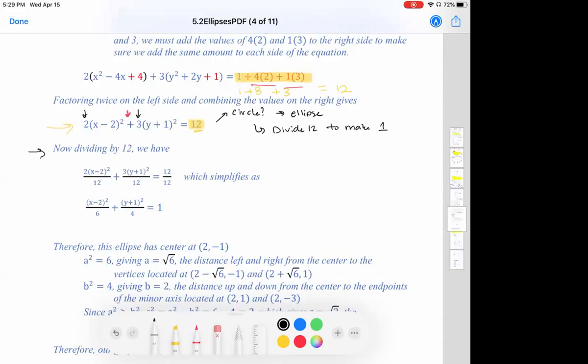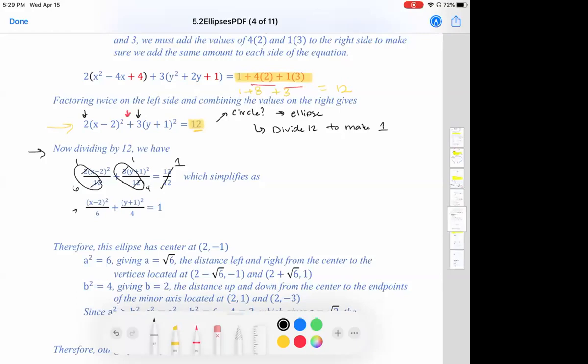Now dividing by 12, we divide both sides by 12, so this makes 1. Cool. And now we're left with these fractions: 2 over 12 and 3 over 12. We can simplify them, right? 2 and 12 have a common factor of 2. 2 divided by 2 is 1. 12 divided by 2 is 6. We have this fraction. For 3 over 12, they have a common factor of 3. 3 over 3 is 1. 12 divided by 3 is 4.